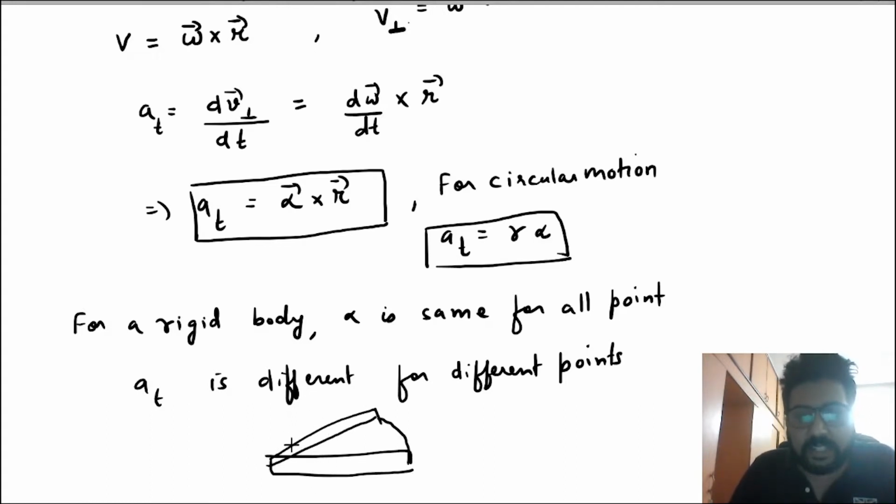Angular acceleration is alpha. You can clearly see that this particle travels less distance and this particle travels more distance in the given time. So this will accelerate more, this will accelerate less. From the formula also you can see a_t is r alpha. The more the r, the more the tangential acceleration. So linear variables depend on the position of the particle, but the angular variables are the same for all particles in a rigid body.